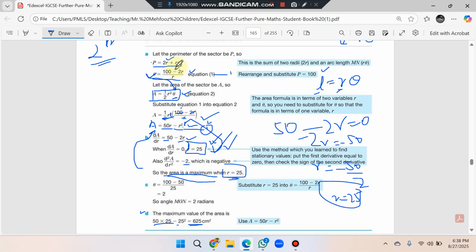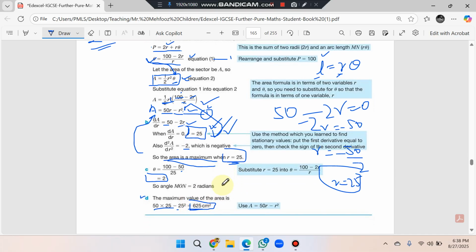So we put the value of the radius into this angle theta. It will become 100 minus 2 times 25, that is 50, over 25. So 100 minus 50 is 50, and 50 over 25 is 2. It means that the angle is 2 and the area of this sector is 625 centimeters square.